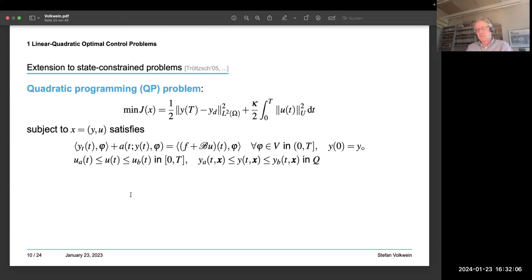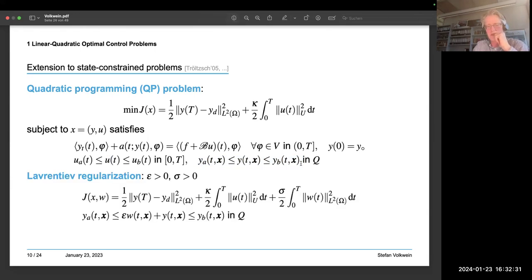This is something which is more related to the control, to the optimization method. But look at the constraints. The first line is as before, state equation. Evolution problem, right hand side you have this BU as we had before, but now we not only have control constraints, we also have state constraints. Oops, state constraints, how to handle this.